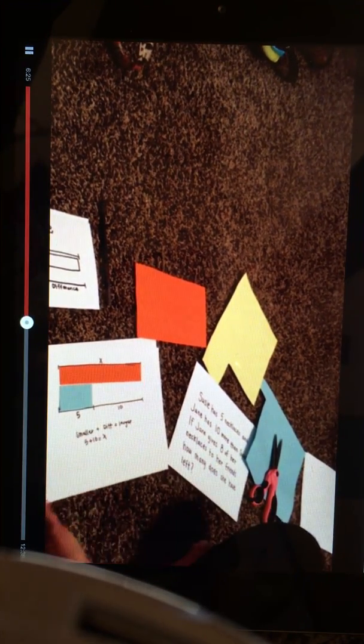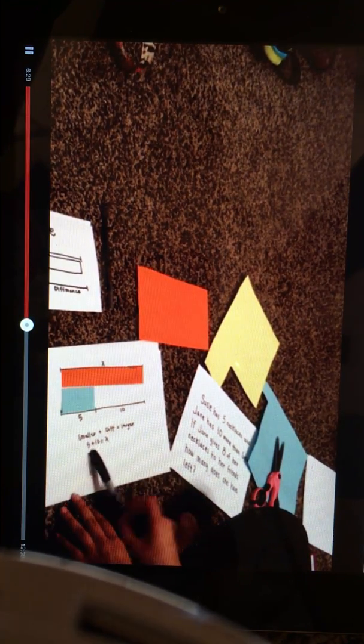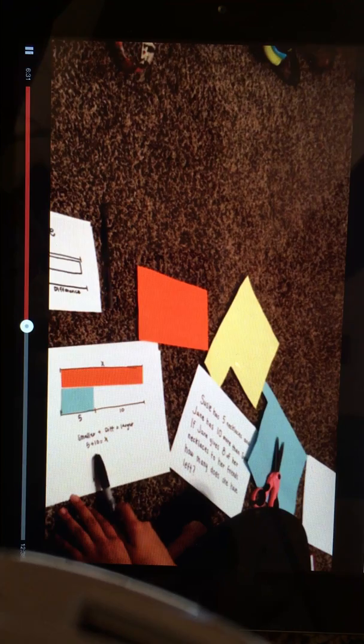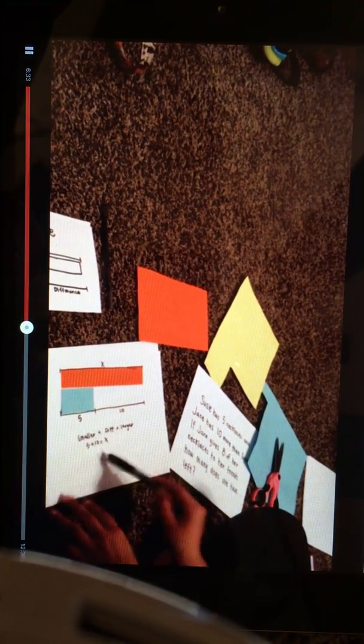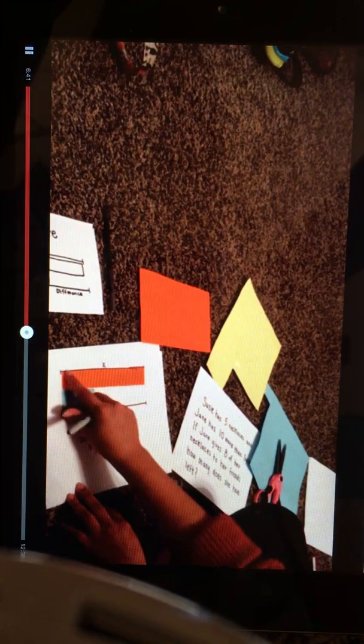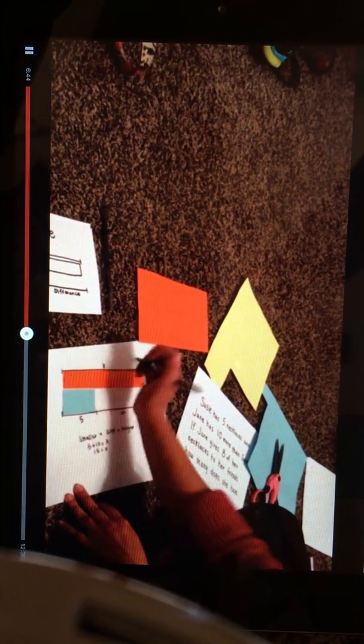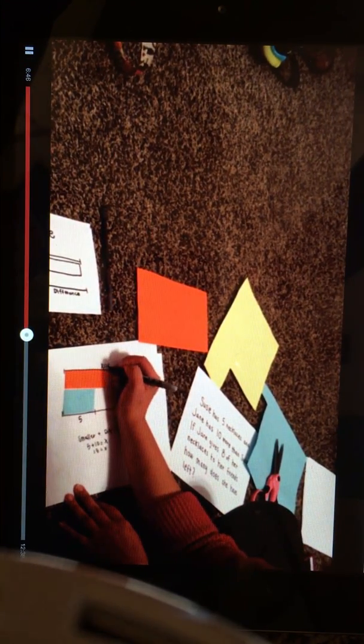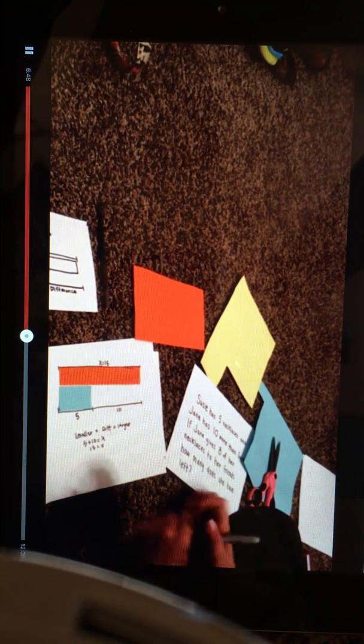And we're going to use counting on to find our answer. If we add 5 to 10, we know it's 10, 11, 12, 13, 14, 15. Our x equals 15. So that means this length of orange paper now represents Jane's 15 necklaces.